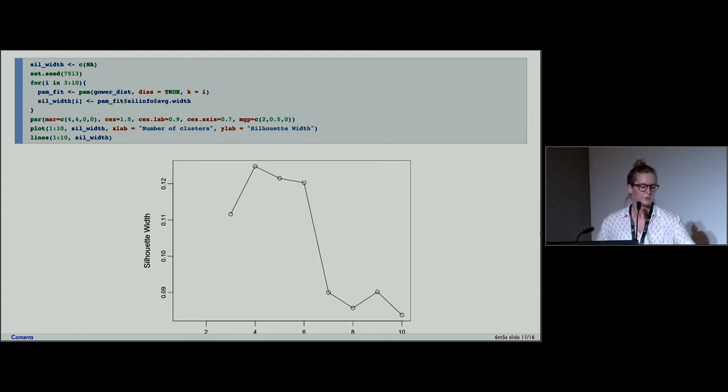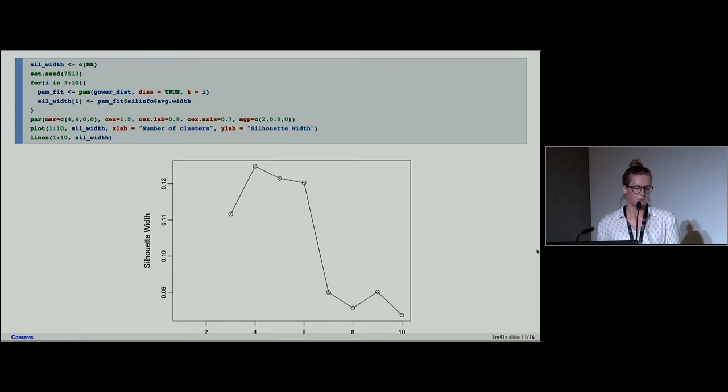So you're looking for the highest value of the silhouette width, and here it would seem that anywhere between 4 and 6 would be great. As I mentioned, I did the same for a sample of men, and I wanted to have the same number of clusters for both these genders because that was optimal for my following analysis.